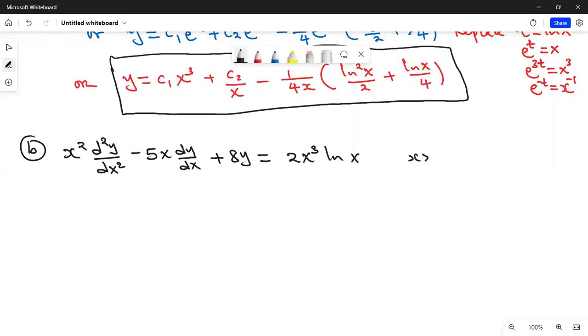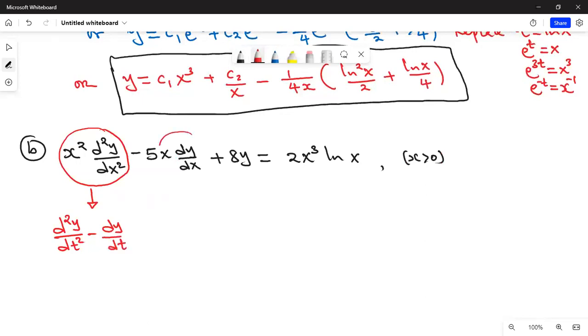Of course, x must be greater than 0. I already explained why. So we transform this one where we have x squared d squared y over dx squared. We said this should give us d squared y over dt squared minus dy dt. That's what we should get.